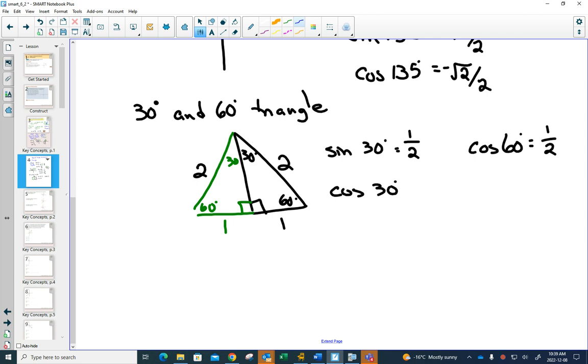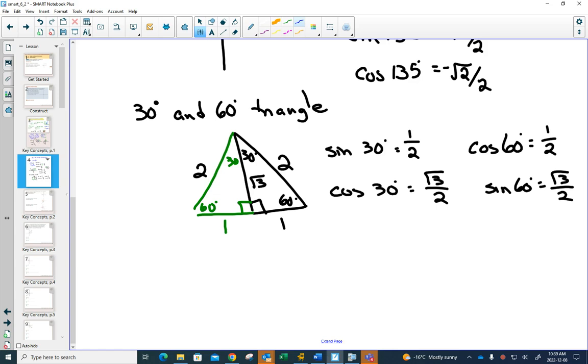But you have two sides. a squared plus b squared equals c squared. This time you have a hypotenuse. So 2 squared is 4. Minus 1 squared is 3. The height would be square root of 3. And then you would know that cos of 30 degrees is root 3 over 2. Sine of 60 degrees would also be root 3 over 2.